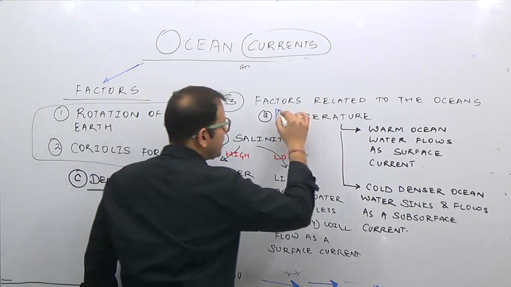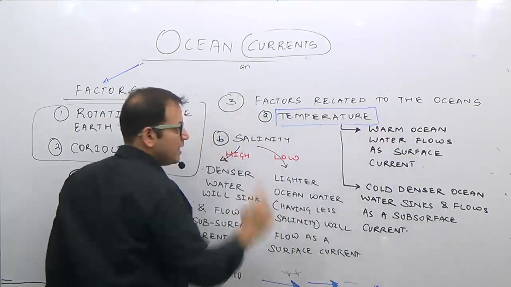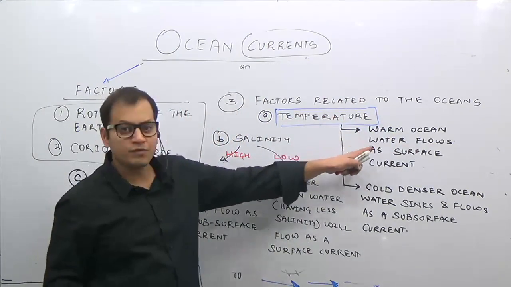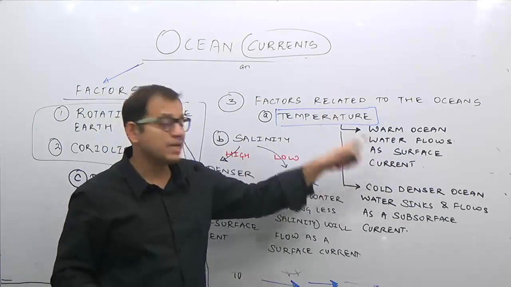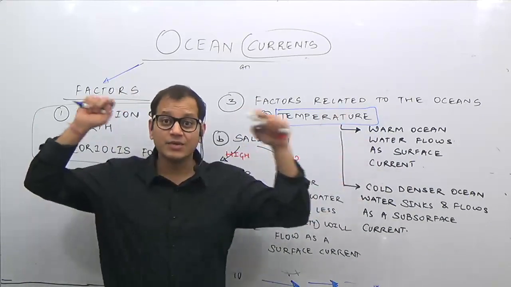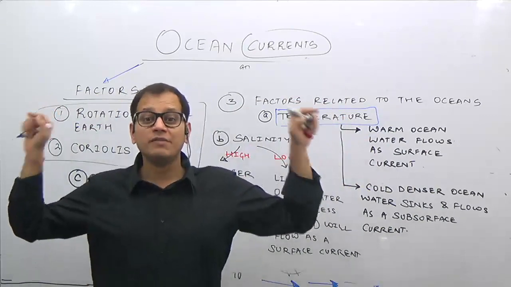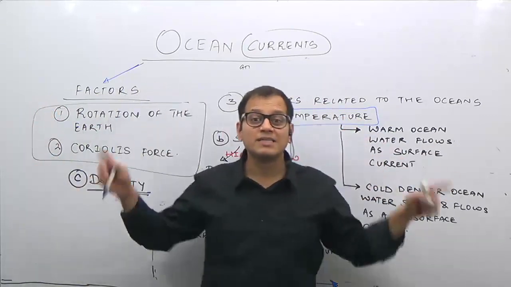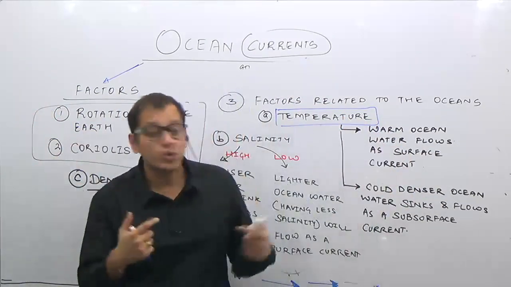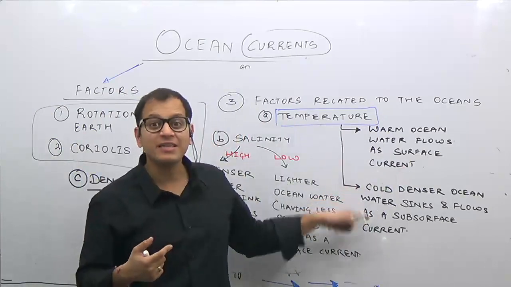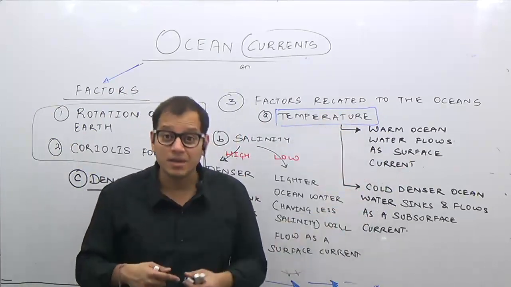So the factors related to the oceans are temperature, salinity and density. In temperature, the warm ocean water from the equatorial regions flows as a surface current. So remember, warm currents are surface currents, while the cold ocean water, because it is heavier, will sink and flow as a subsurface current.